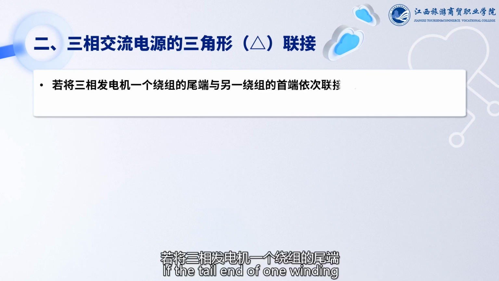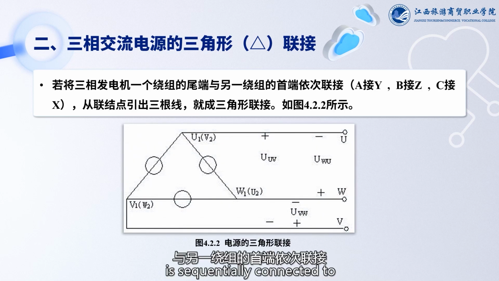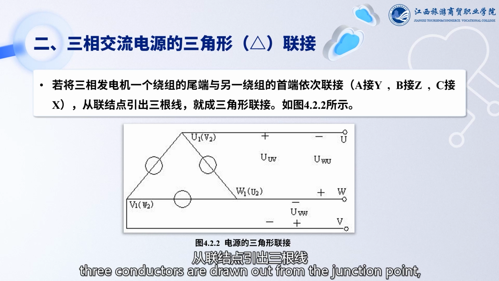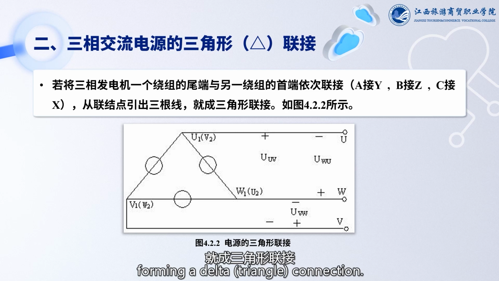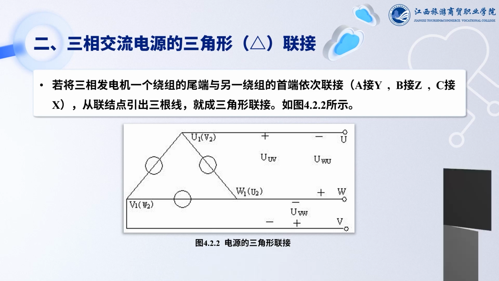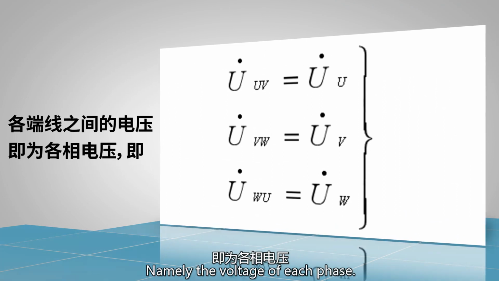If the tail end of one winding of a three-phase generator is sequentially connected to the head end of another winding, with A connected to Y, B to Z, and C to X, and three conductors are drawn out from the junction points, it forms a delta triangle connection, as shown in Figure 4.2.2. Obviously, the voltage between each pair of terminals is the voltage of each phase.